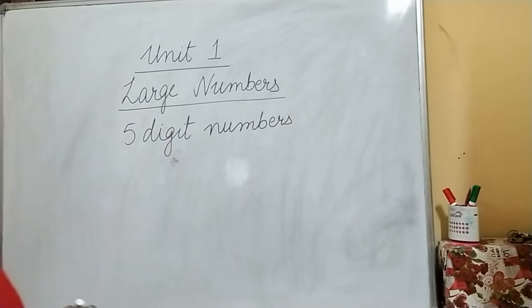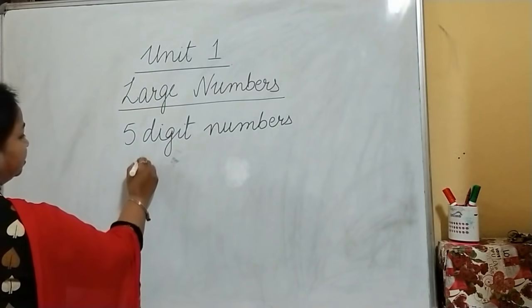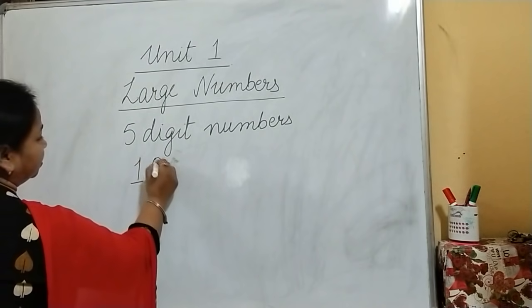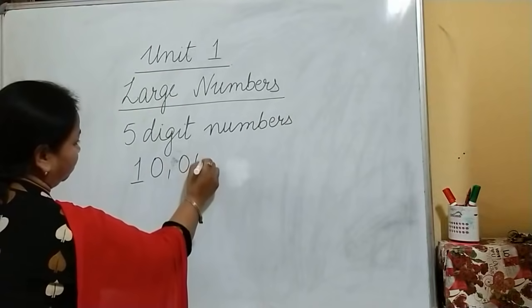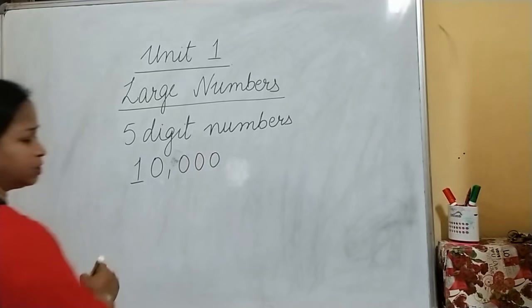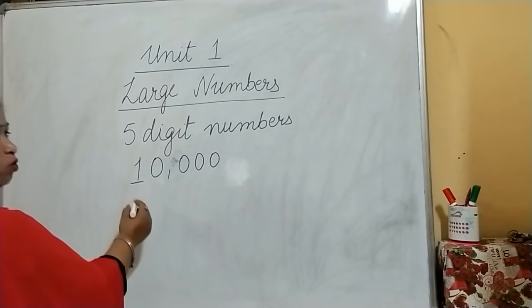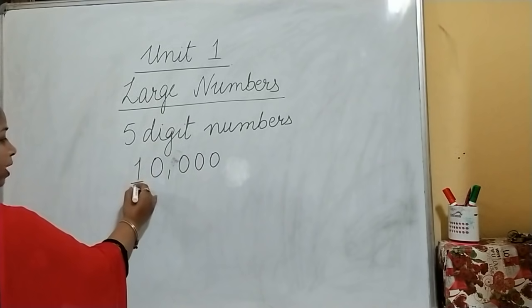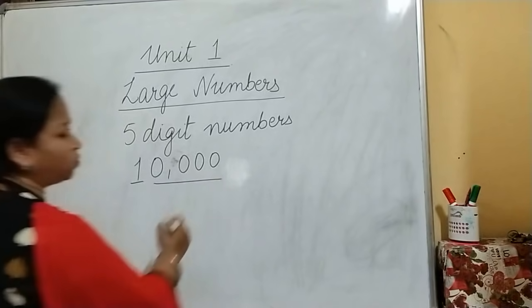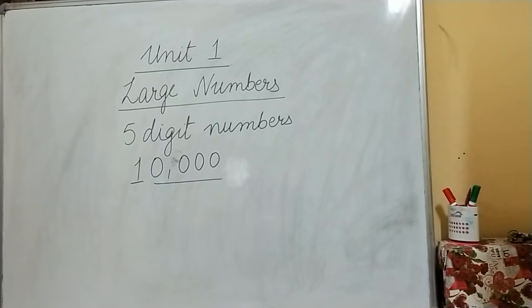Do you remember what it is? Yes, it is 10,000, for example, which is the smallest 5-digit number, 1 followed by 4 zeros, right?